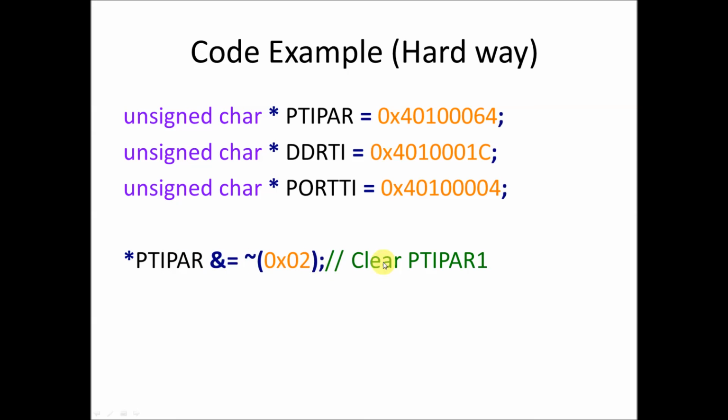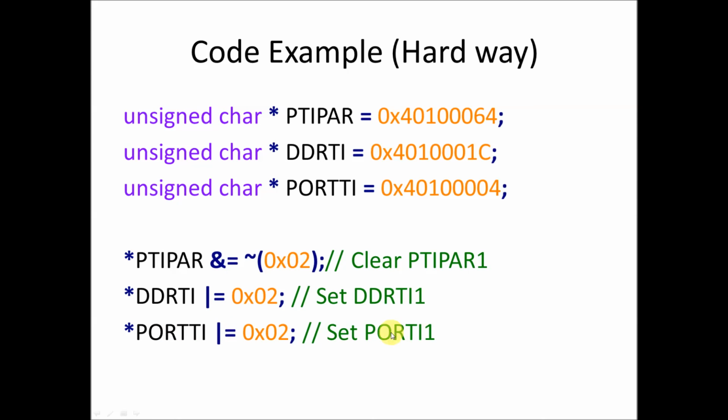And we just do the same things that we did in the binary bitwise arithmetic section to clear and set bits. In this case, I'm clearing bit 1 of PTI par, or PTI par 1. Here I'm setting DDR-TI1 using the OR equals and a mask. Then I'm setting port TI1 using OR equals and a mask, just like that.